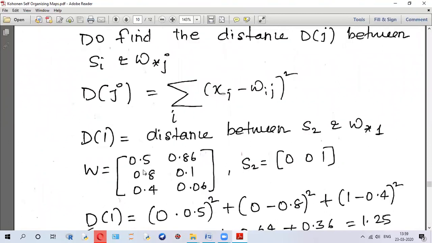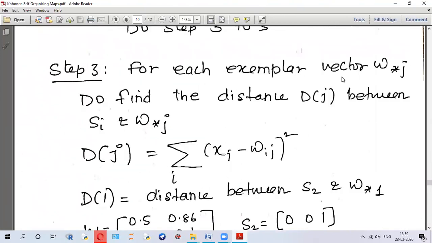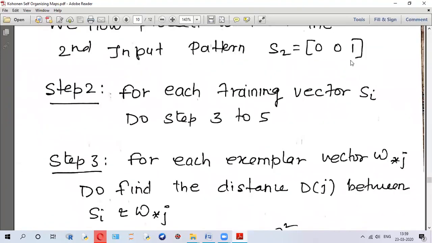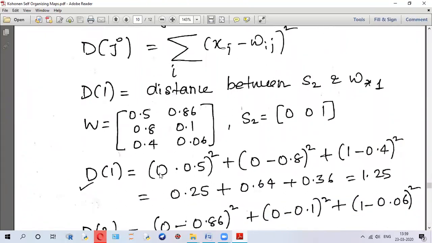So how would D1 be calculated? For the input vector 0, 0, 1, we would be finding the difference between 0 and 0.5, taking the first exemplar, that is D1. Similarly, 0, the second input, minus 0.8, and similarly 1 minus 0.4.